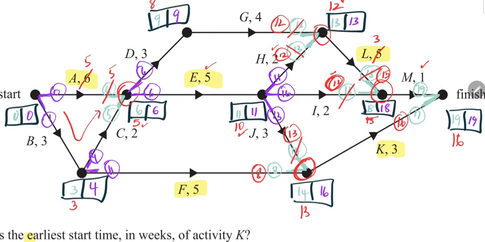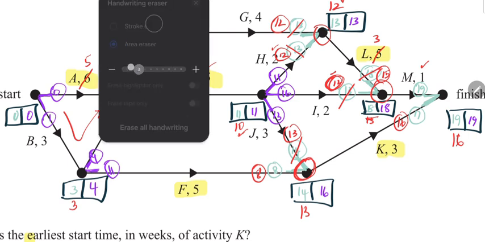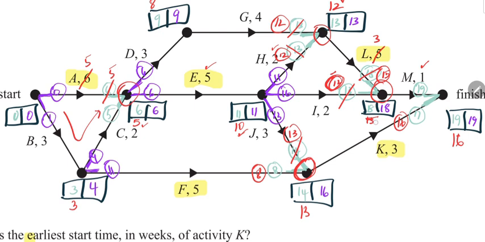That causes this option to become 15, and 15 plus 1 along M makes this 16, and 16 is the answer. So if we look at the different reductions made, we reduced A by 1 and we reduced L by 2, and those are the only two reductions.